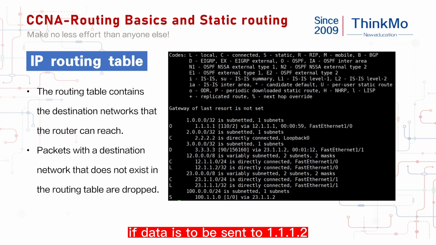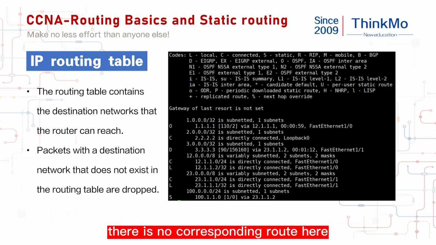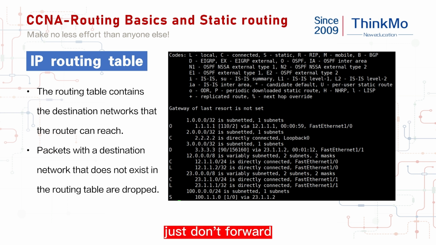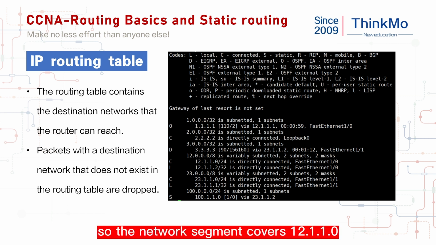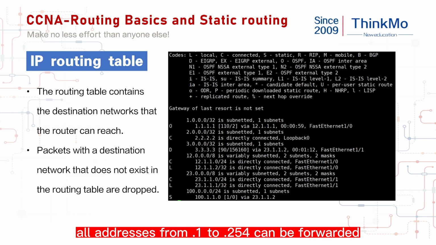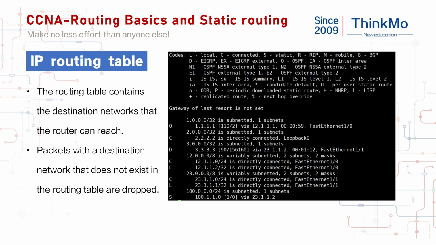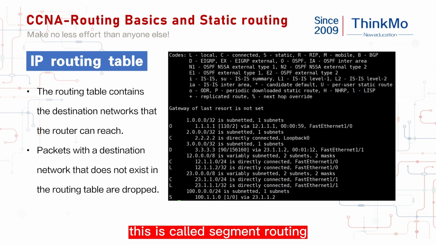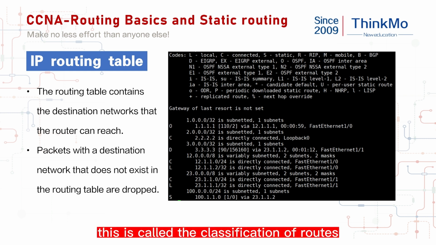If data is to be sent to 1.1.1.2, there is no corresponding route here, so it is not forwarded. The network segment covers 12.1.1.0, that is, in fact, all addresses from .1 to .254 can be forwarded. This is called segment routing. This is the routing table we're talking about, some basic concepts of it. This is called the classification of routes.